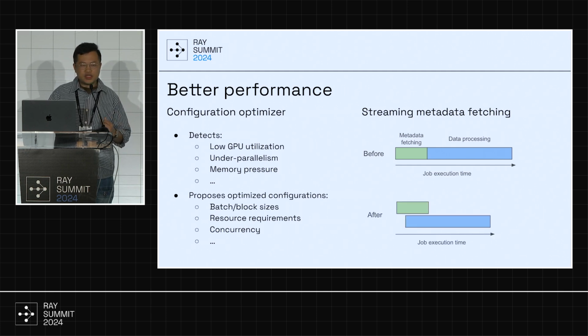To deal with this issue, we recently shipped a new feature that allows fetching metadata in an incremental way. By doing so, the job can kick off the actual data processing tasks immediately when it starts. With this feature, we have seen up to 4.5x shorter job startup time in our benchmark tests.